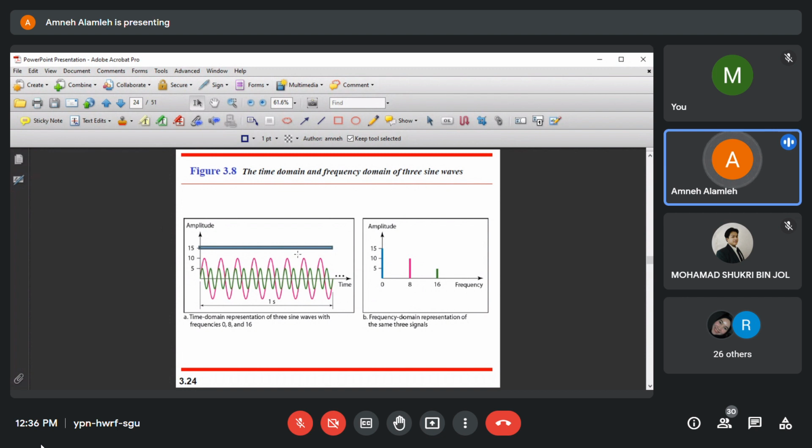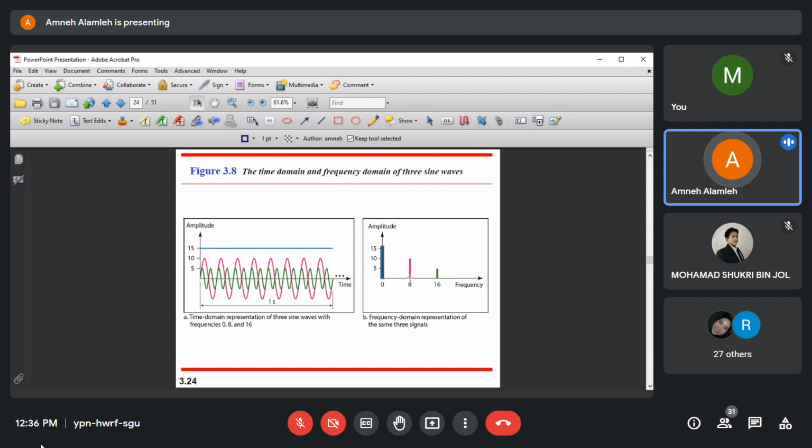How can they be represented in the frequency domain? Using the frequency axis and the amplitude axis. So wave 1 with frequency 0 and height 15.